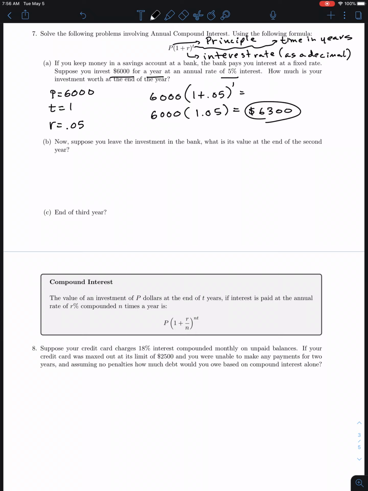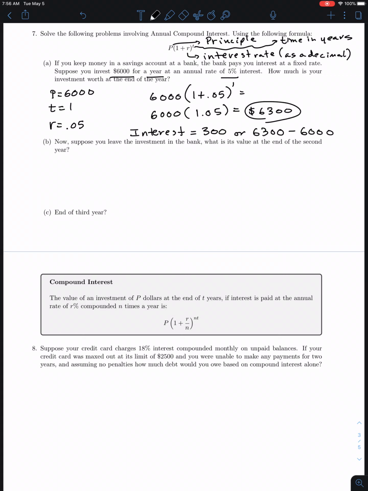What that means is there's $6,300 total in the bank. So anything over the 6,000 is our interest in that case. If it would ask, the interest that we earned is the $300, or you take 6,300 minus 6,000.